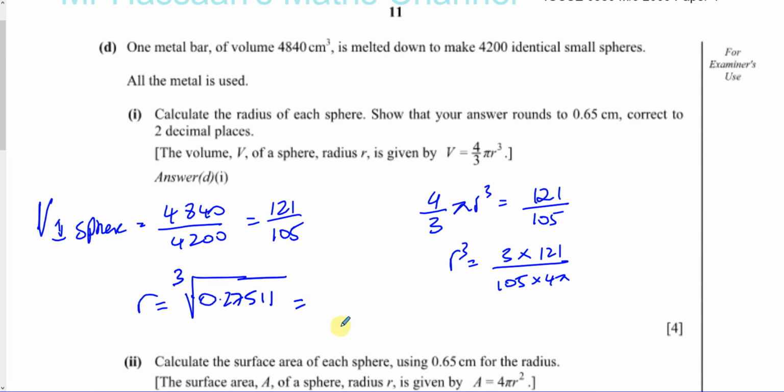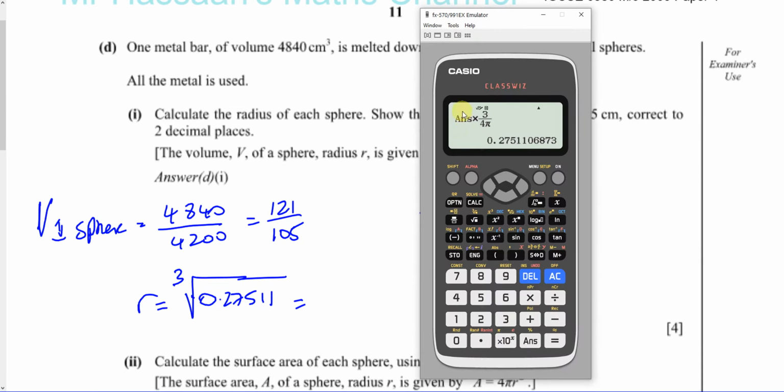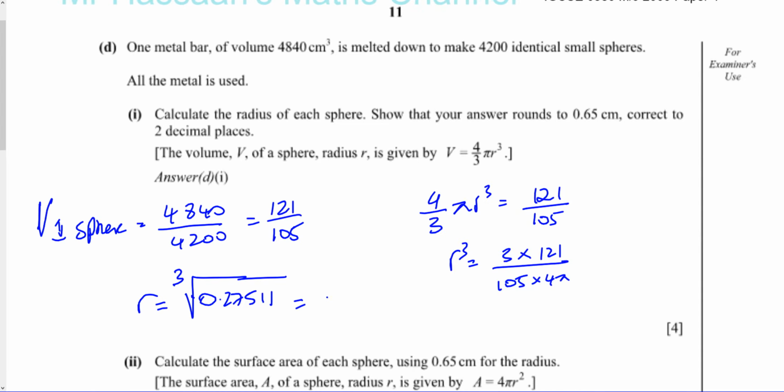So you take your answer and you find the cube root, which gives you 0.65038, dot dot, showing that it continues like this.